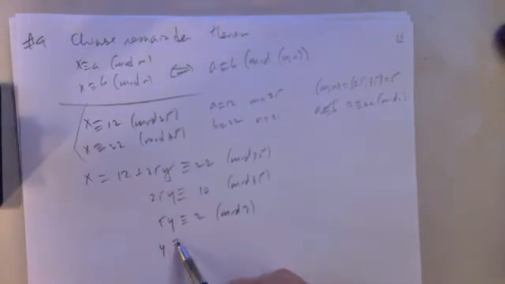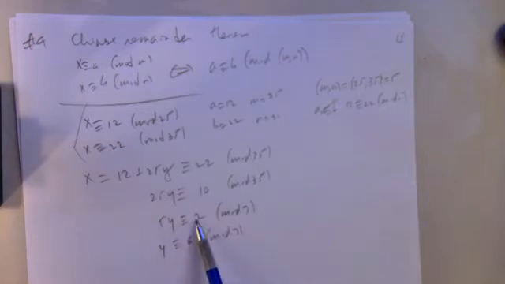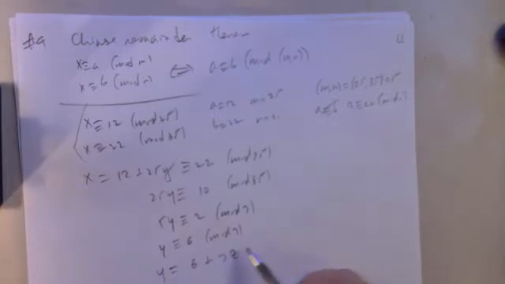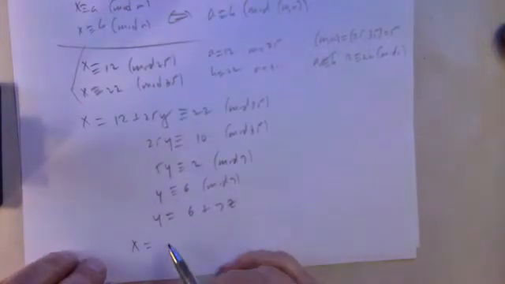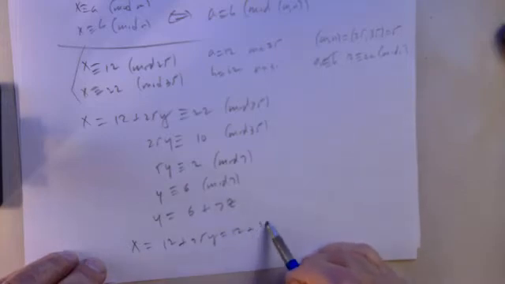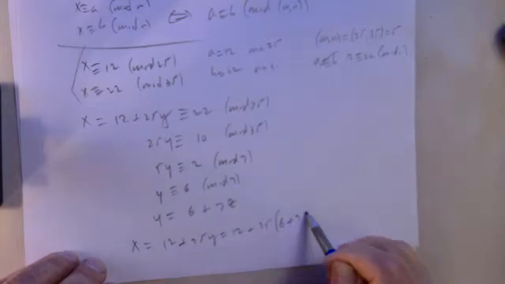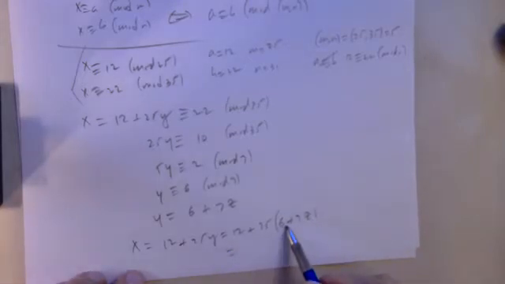Let's see, what's the solution of this congruence? Well, y congruent to 6 mod 7 is a solution, because 5 times 6 is 30, 30 minus 2 is 28, which is divisible by 7. So y is a number of the form 6 plus 7z. So the general solution will be x equal to 12 plus 25y. That's 12 plus 25 times (6 plus 7z). 25 times 6 is 150.